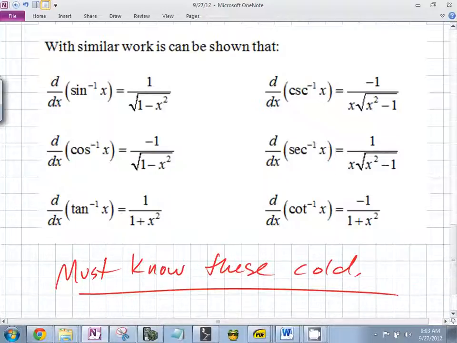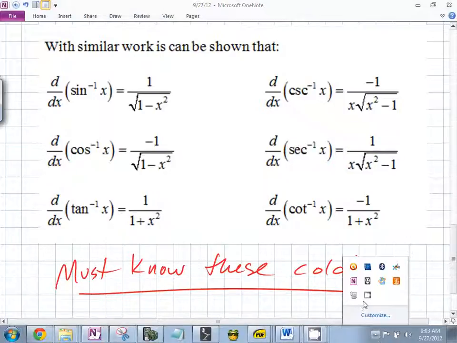It's really important because you're going to be cruising along later in this class or in BC calculus, and all of a sudden you're going to see this right here. And you're like, I have no idea what to do with that. If you remember your inverse trig derivatives, you're going to automatically recognize, oh, that's the derivative of secant inverse. And then all will be well in your universe. Sometimes there are questions where if you don't recognize one of these, you will not be able to solve the problem at all. There's no way around it at all.